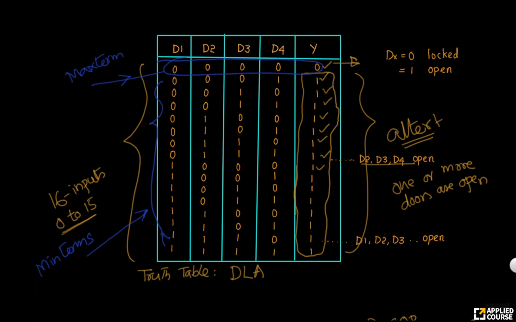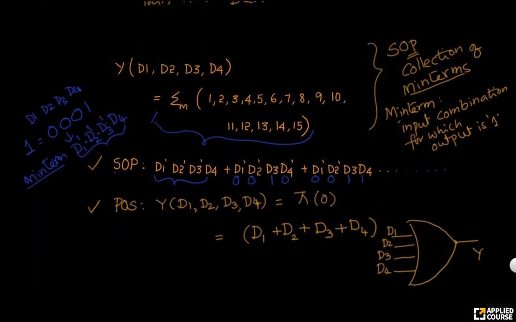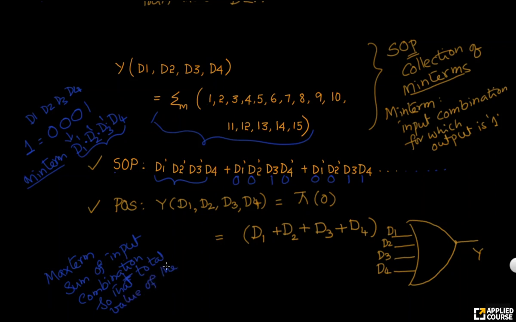We should express the max term as a sum of the input variables, so that the total value of the sum is 0, or we call it the output.